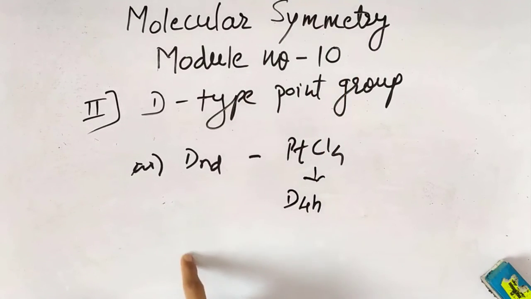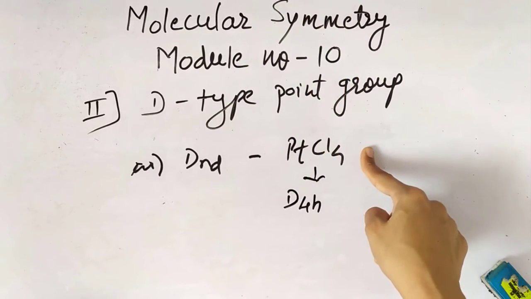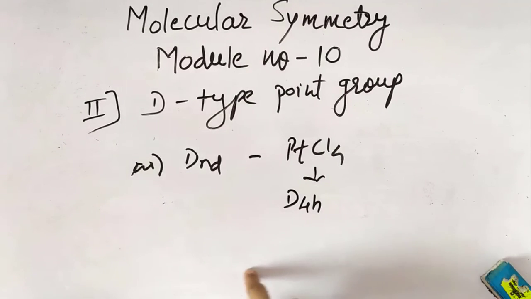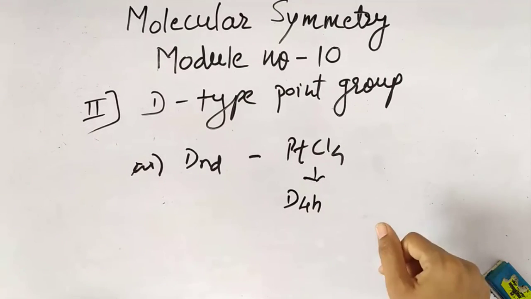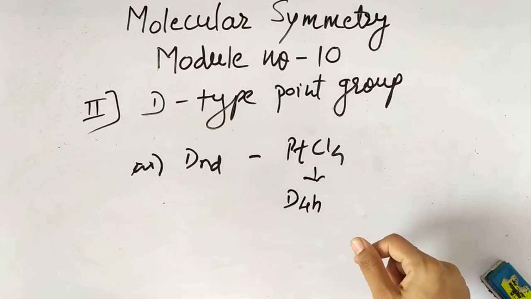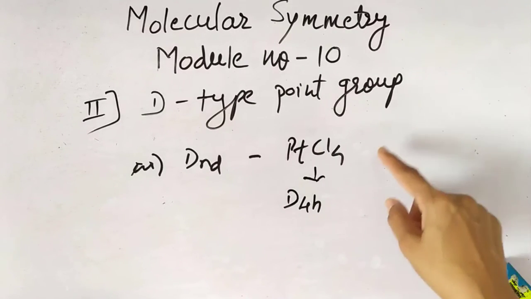So draw the diagram of PtCl4 and list out all the symmetry elements present.